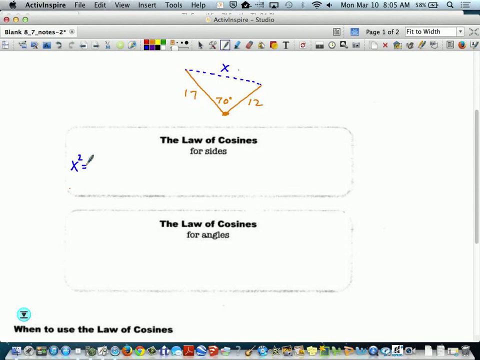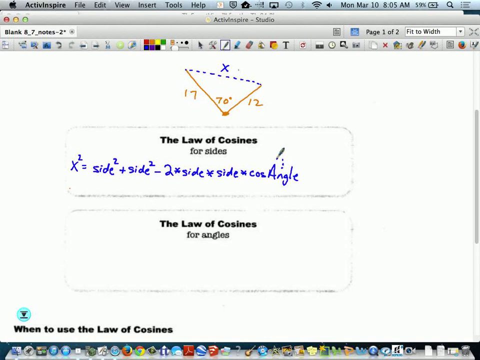X squared equals, so that you're not confused, you can use variables if you want, but side squared plus side squared minus 2 times the side again times the side again times the cosine of some angle.